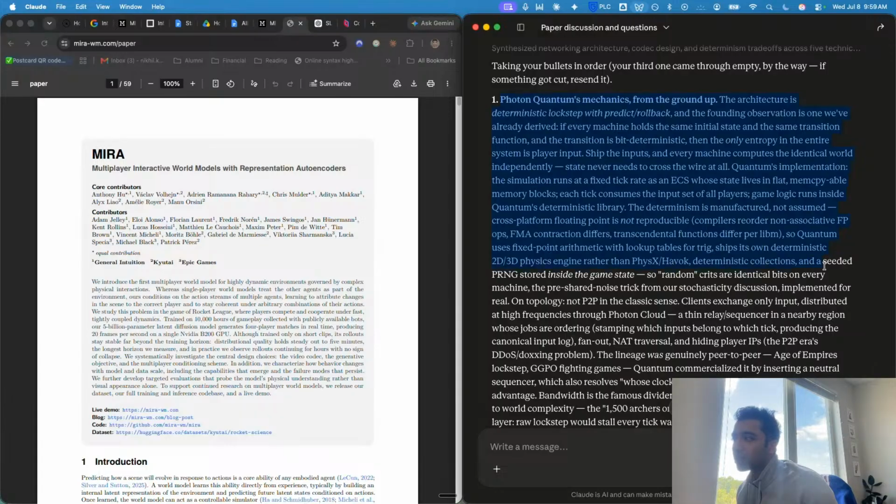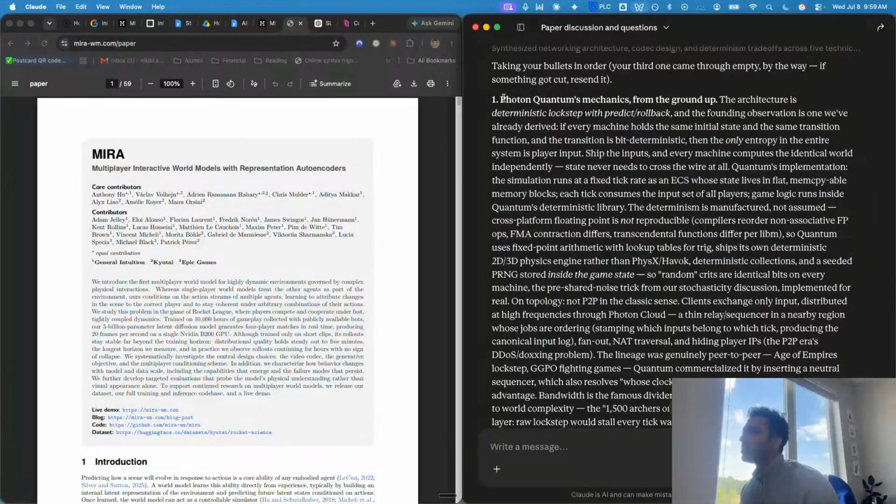It's not really client-side prediction, so that's not exactly correct. What it's saying is it's doing this thing called deterministic lockstep. Oh, there is client-side prediction, but it's doing something else called deterministic lockstep.